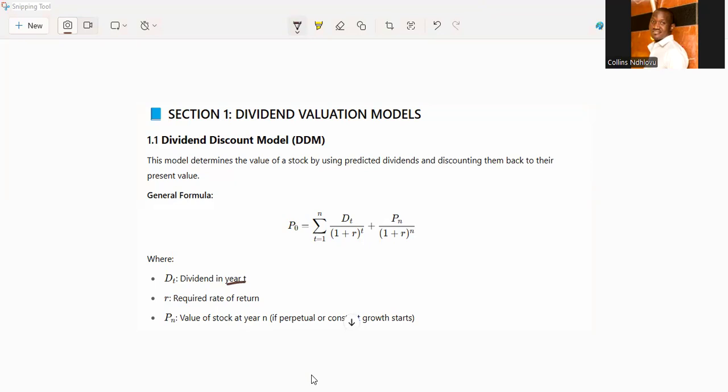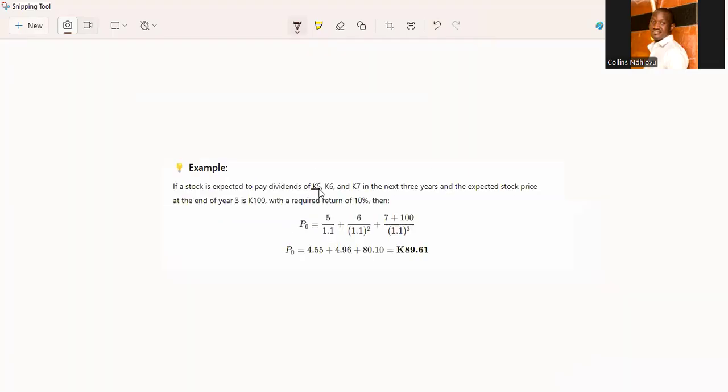So we look at a basic example that will illustrate that formula. Using the discount model, the DDM, suppose we have a stock that is expected to earn the following dividends: 5 kwacha, 6 kwacha, and 7 kwacha in the next 3 years.